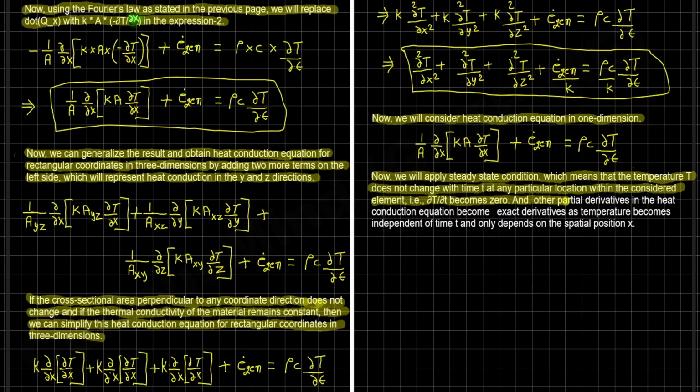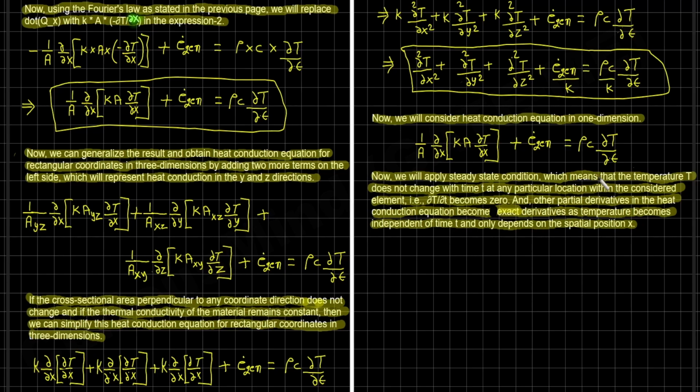and other partial derivatives in the heat conduction equation become exact derivatives, as temperature becomes independent of time t and only depends on the spatial position x.